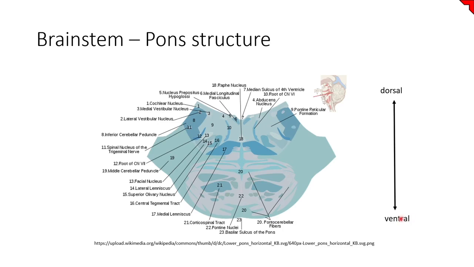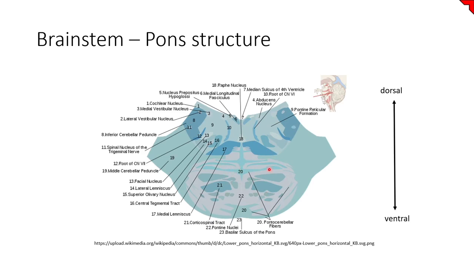Then the bit caudal to this, we have the pons. And if you remember, this pons is coming from the same embryogenetic vesicle as the cerebellum, which is the metencephalon. And this is why it's highly interconnected with the cerebellum.